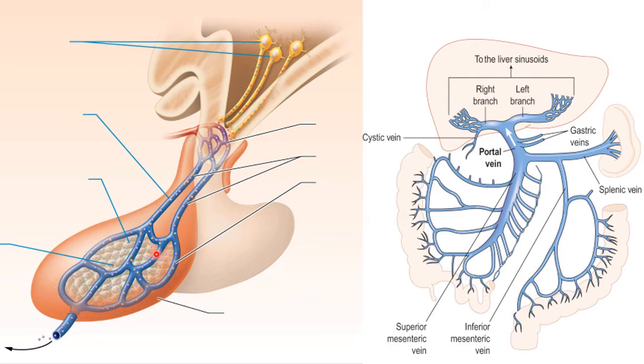The most important portal vein in the body is the hepatic portal vein. It's going to the liver. It's the vein that goes into the liver. It's actually draining blood that comes from capillaries that serve the digestive organs, so the stomach, the pancreas, and most of the intestines.